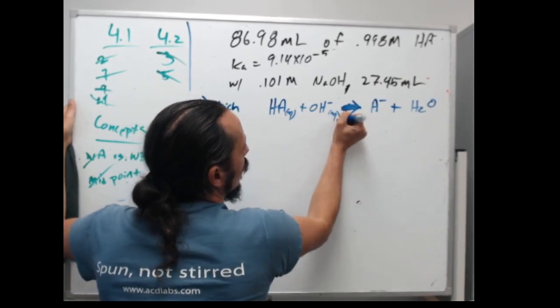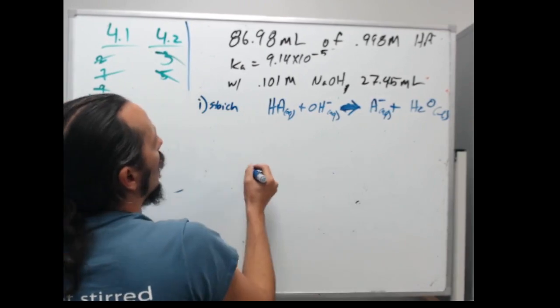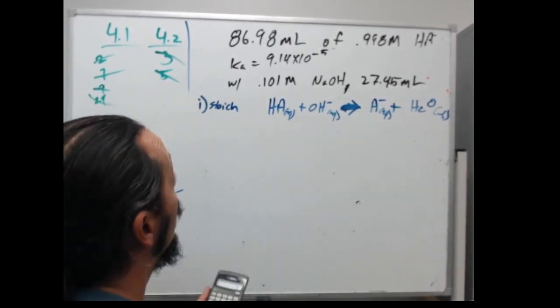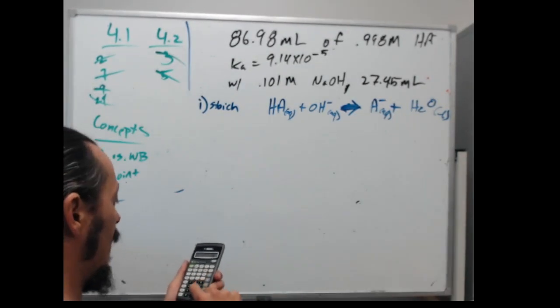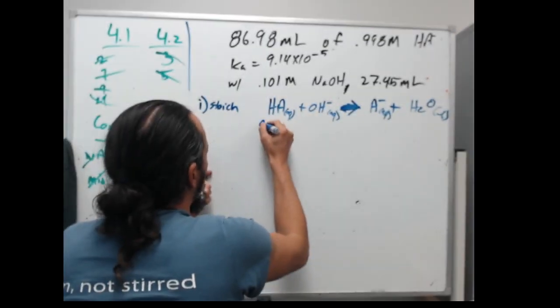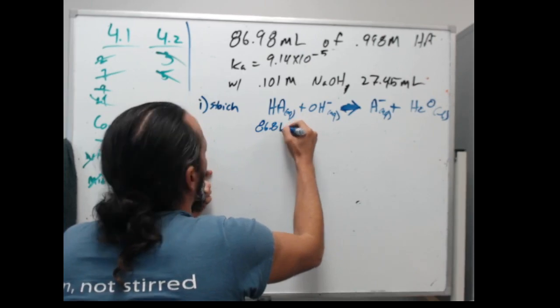Aqueous, aqueous, aqueous, liquid. My starting amounts are going to be 0.998 times 86.98. This is 86.81 millimoles.